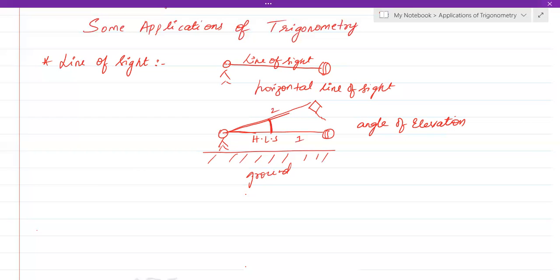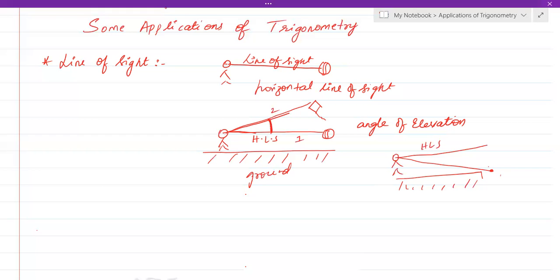Suppose that person is on the ground itself again, watching some object. Earlier, the horizontal line of sight was like this. Now the person is watching something below, let's say there is something underground, down here, and he is watching it.